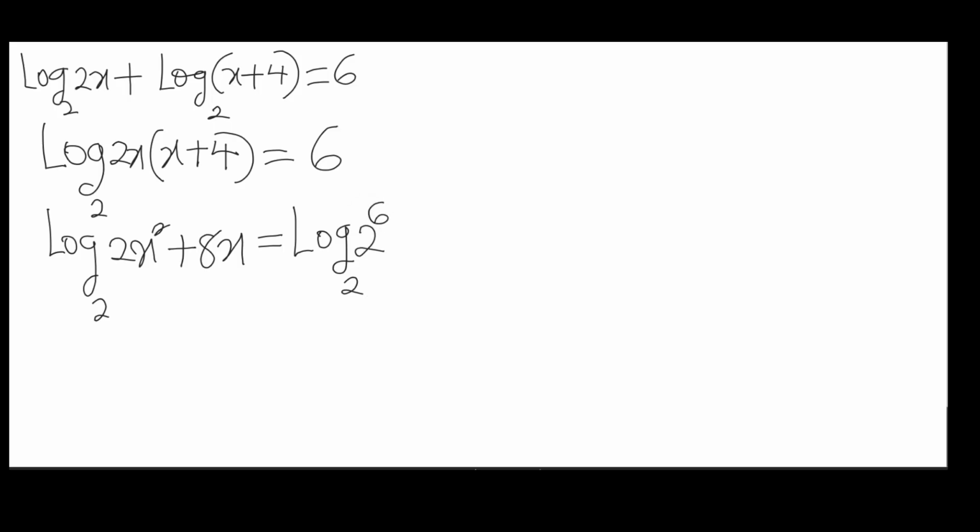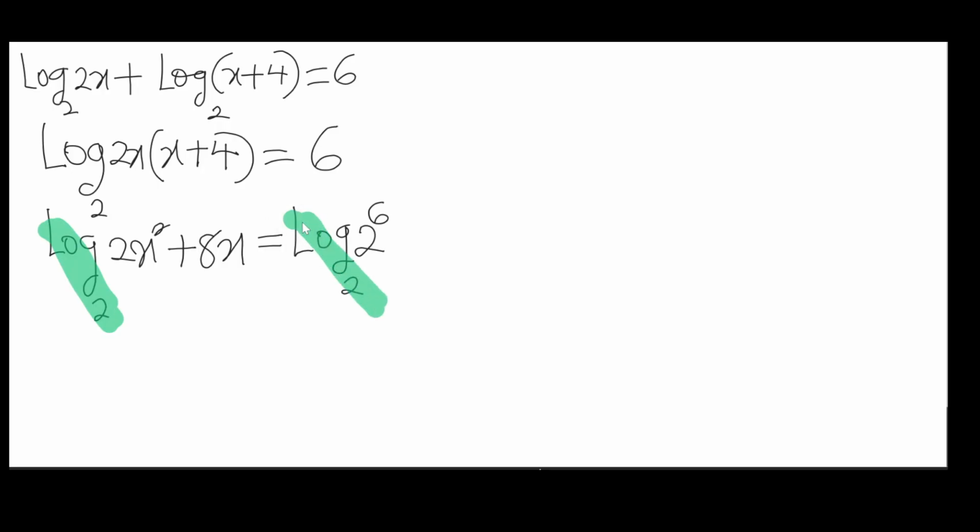I'm using 2 as the base because from the left hand side, the base is 2. If from the left hand side the base is 3, I would use 3 as the base on the right hand side also. Please take note of that. Now from here, it is easy to see that I can compare both logarithms on the right hand side and on the left hand side. We have log with base 2, which is the same as the log with base 2 here, because this is an equation.